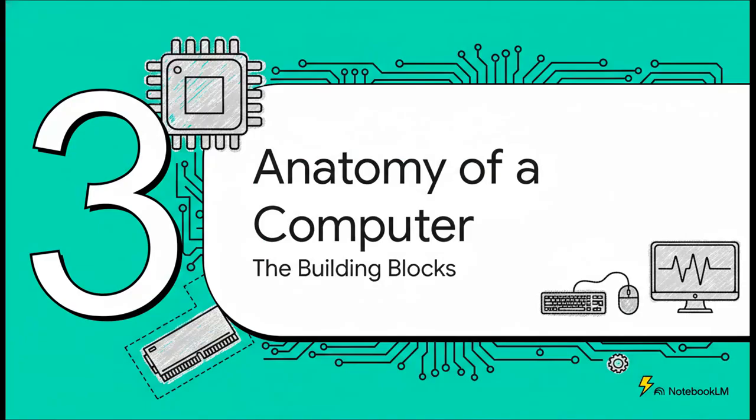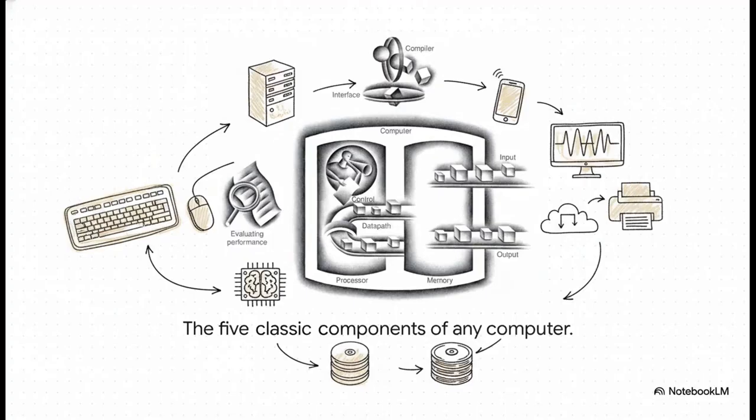So, now that we have our tool for managing all this complexity, let's look at the fundamental building blocks we're actually trying to build. What are the basic parts of pretty much any computer? It doesn't matter if it's a massive server or the smartphone in your hand, they all share these 5 classic components. You've got input devices to get data in, output devices to see the results, and, of course, memory to store everything.